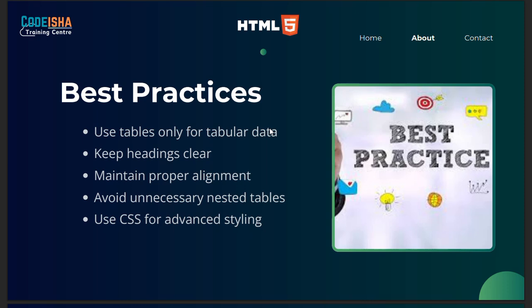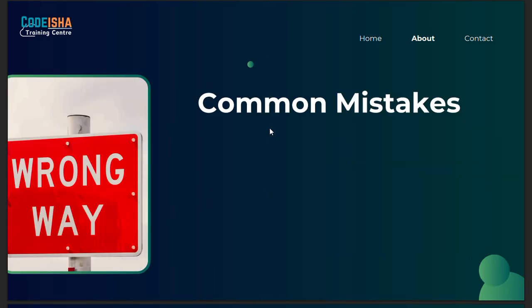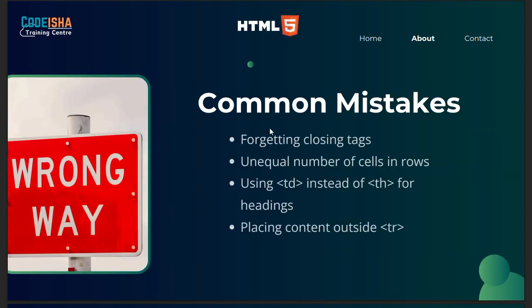And coming to the common mistakes, when you work with tables, these are mainly the mistakes: forgetting the closing tags and an unequal number of cells in the rows. Just now I said, I'm giving one value, then for the second one I'm giving null, and for the third one I'm giving the item name. So the item name shifted into the price column. At that time you need to check whether the rows are right or not.